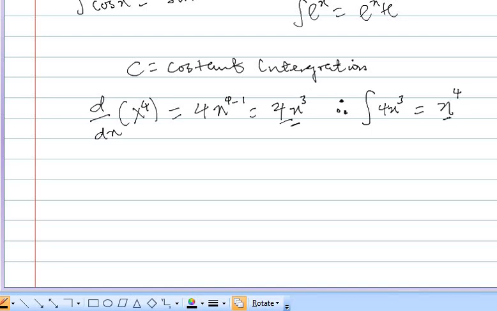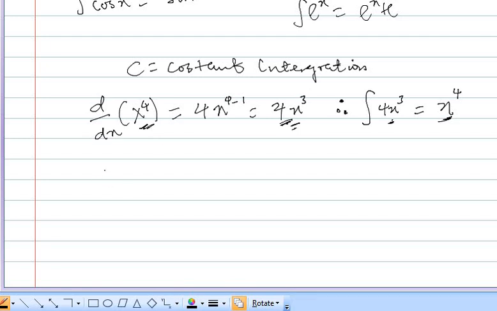So as you see here, it is just the reverse. If you differentiate x raised to the power of 4, it will give you 4x to the power of 3, and if you integrate 4x raised to the power of 3, it becomes the original function.